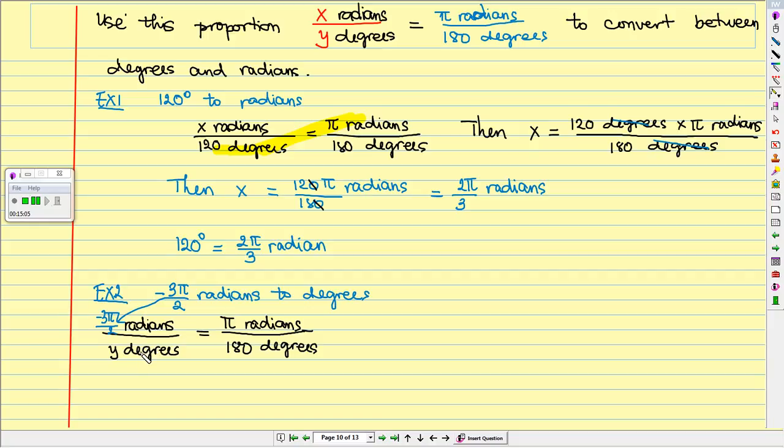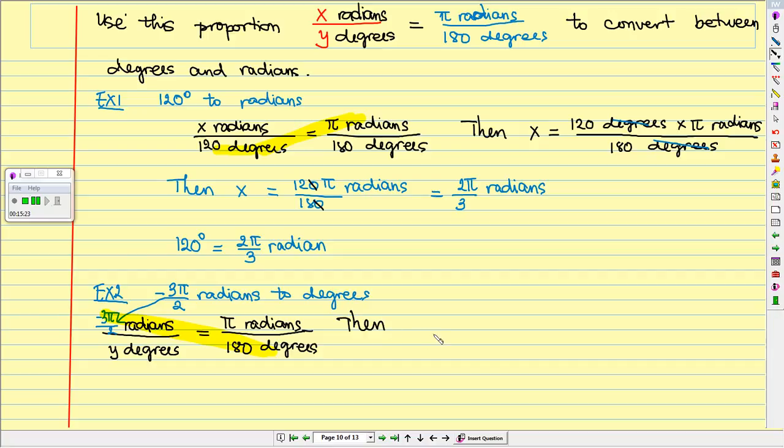So now we are going to cross multiply from the given proportion. You will take negative 3 pi over 2 times 180 divided by pi.